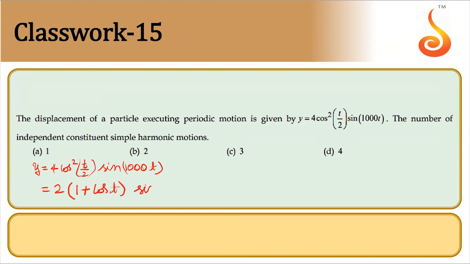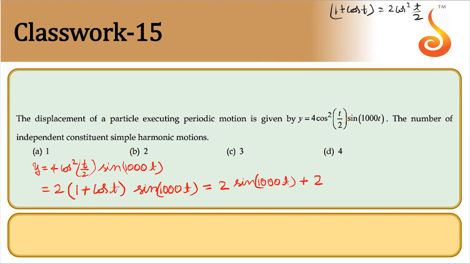into sin of 1000 t, since 1 plus cos t equals 2 cos square t by 2 from trigonometry. Now multiply this: 2 into 1 into sin 1000 t plus 2 cos t into sin 1000 t.